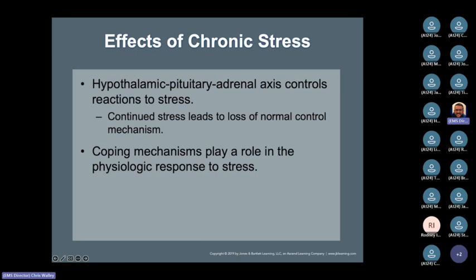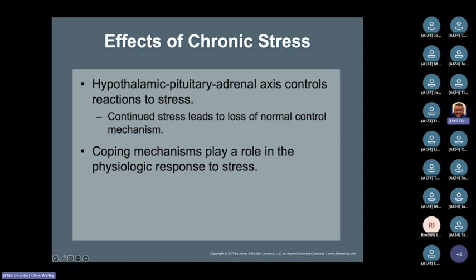And then the effects of chronic stress. The hypothalamic pituitary adrenal axis controls reactions to stress. Continued stress leads to the loss of normal control mechanisms of the hypothalamic pituitary adrenal axis. The adrenals continue to produce cortisol, which exhausts the stress mechanism, leading to fatigue and depression and interfering with some serotonin activity.